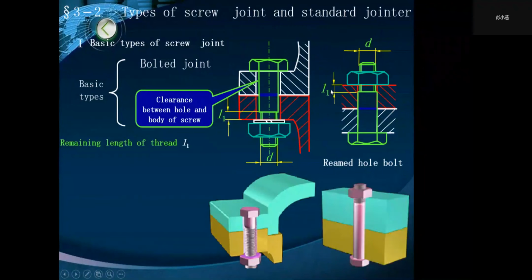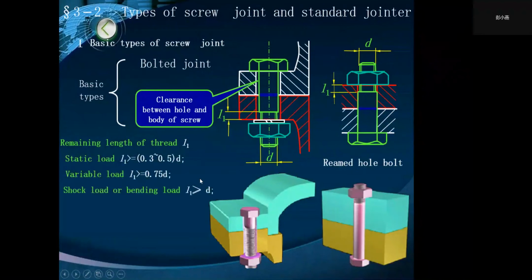And this is the remaining length of thread for the bolt hole.